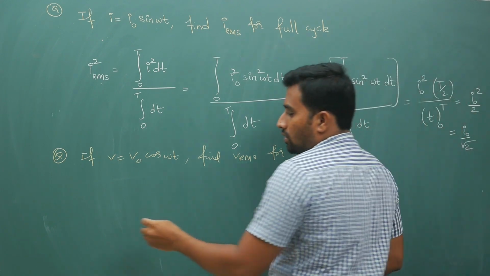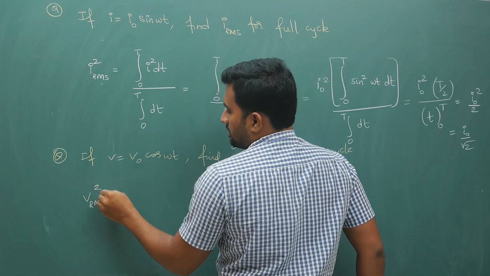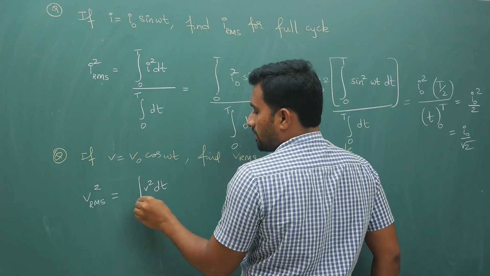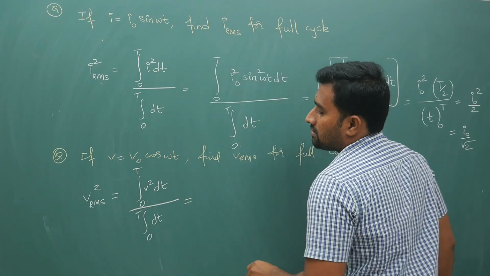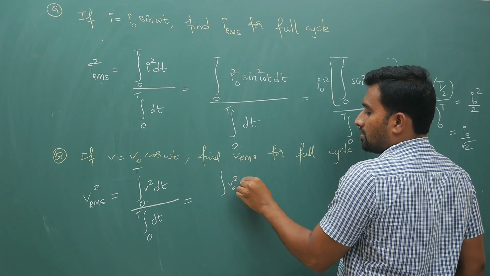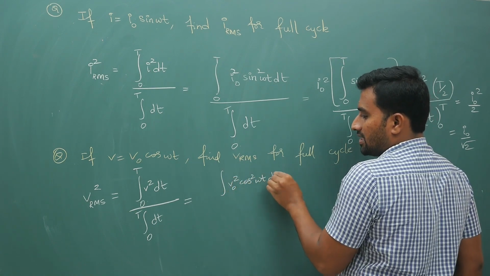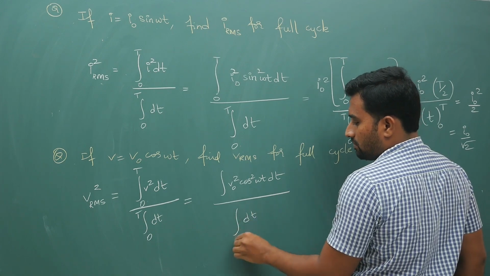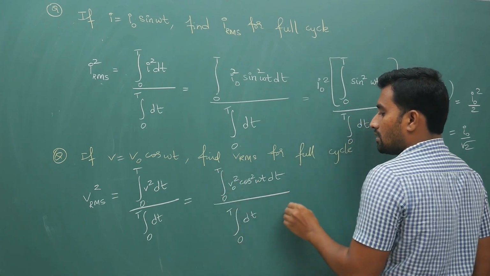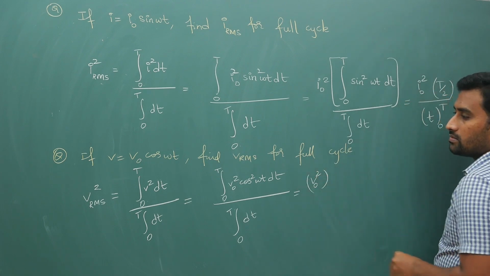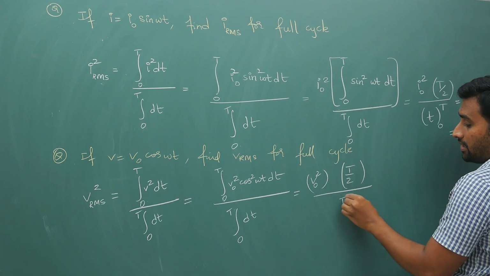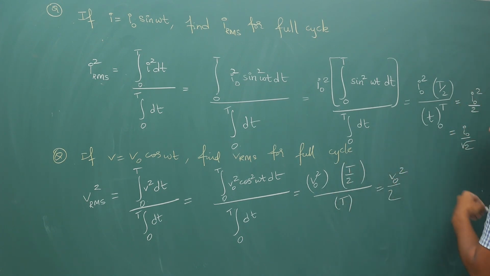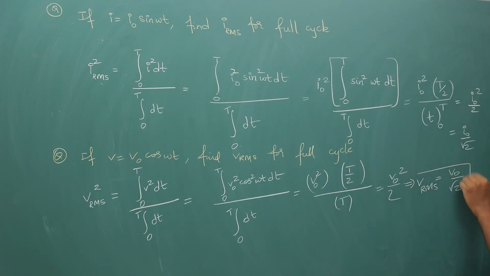So your Vrms square is equal to the integral of V square dt from 0 to T divided by the integral of dt from 0 to T, that is equal to the integral of V naught square cos square omega t dt divided by the integral of dt from 0 to T. So this will become V naught square times T by 2, whole divided by the denominator T, it is V naught square by 2. So your Vrms is equal to V naught by root 2.